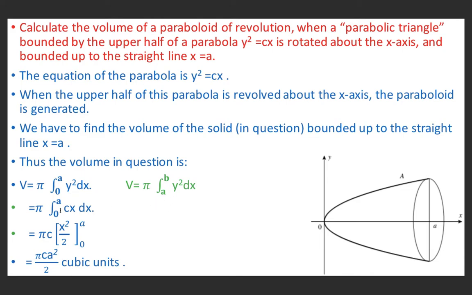By this formula, y square is nothing but cx. So it is cx, c is constant, integration of x is x square by 2, limits are from 0 to a. If we substitute the upper limit, a square by 2 minus 0. So it is pi c a square by 2 cubic units.